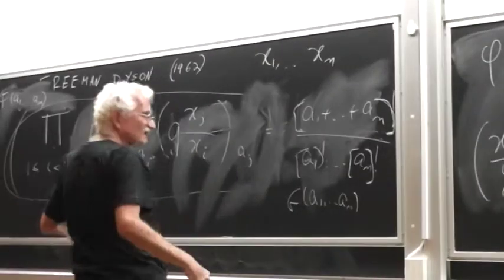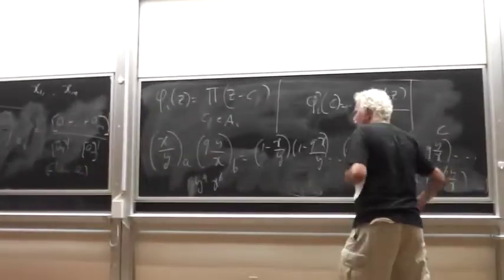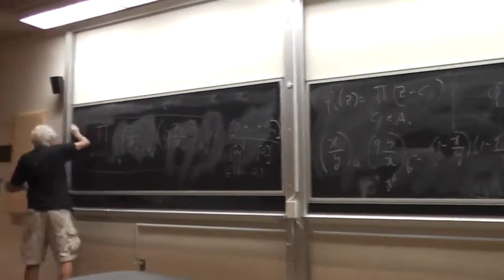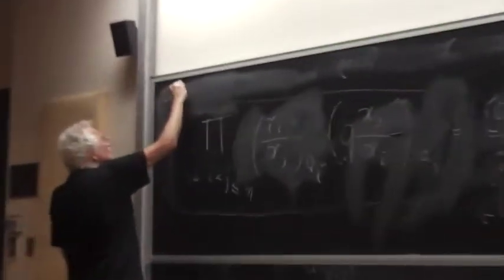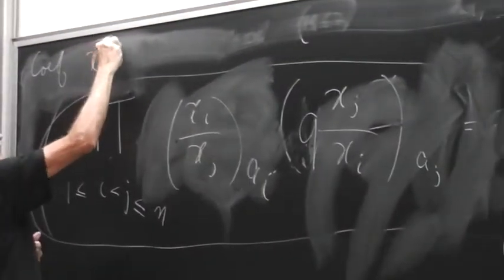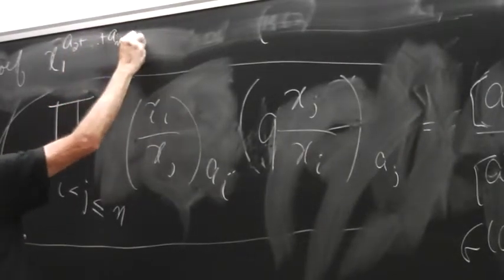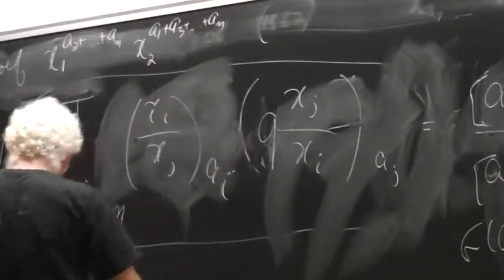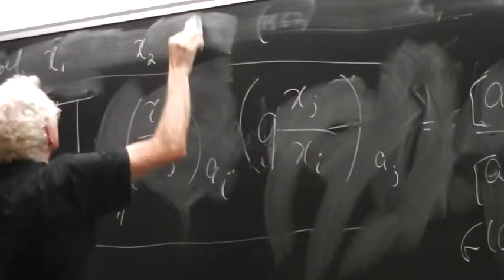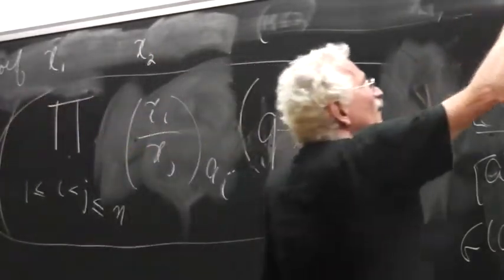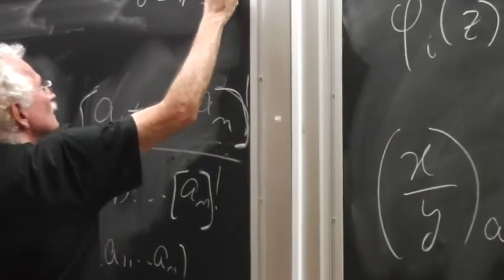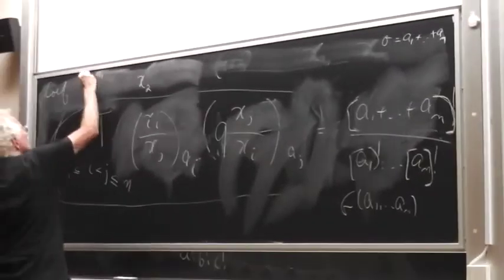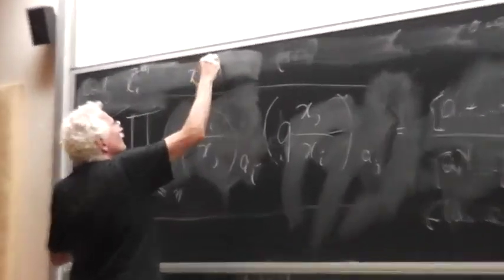So you can reformulate the q-Dyson conjecture: instead of the constant term, find the coefficient of x1 to the power a2 plus ... plus an, x2 to the power a1 plus a3 plus ... plus an, and so on. In general, if we call sigma the sum of the a's, it is x1 to the sigma minus a1, up to xn to the sigma minus an.